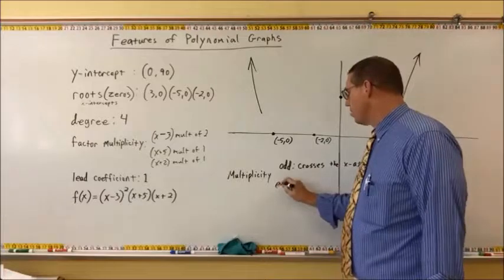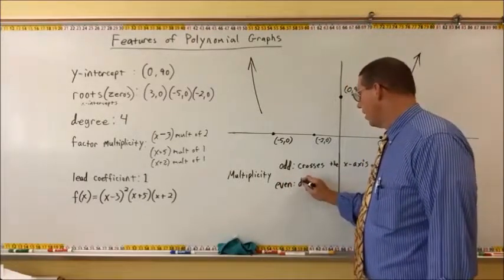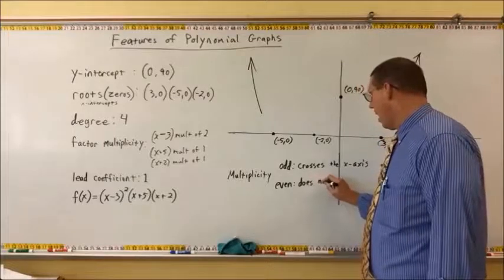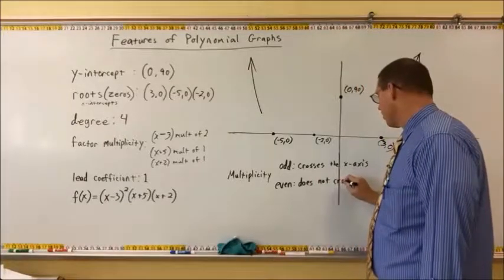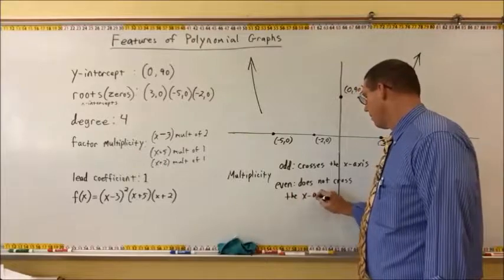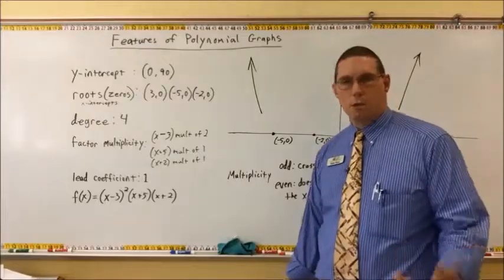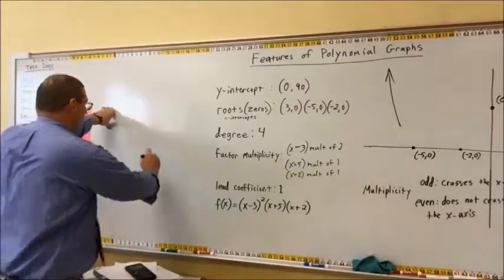If the multiplicity is even, it does not cross the x-axis. Now you may think to yourself, well, what in the world does that mean? Well, let me try and show you right here.